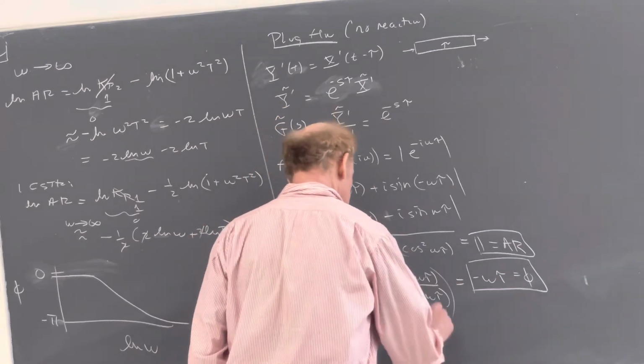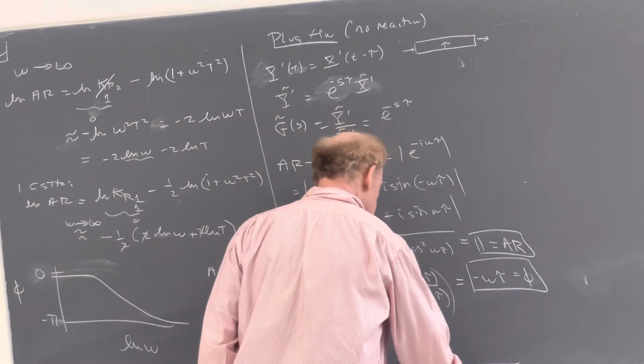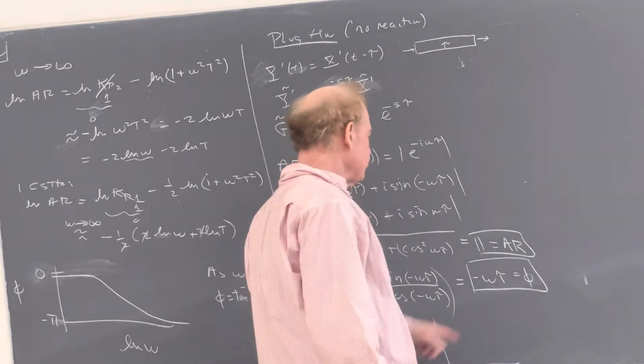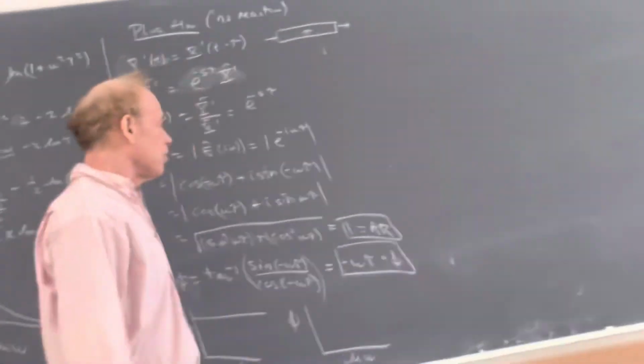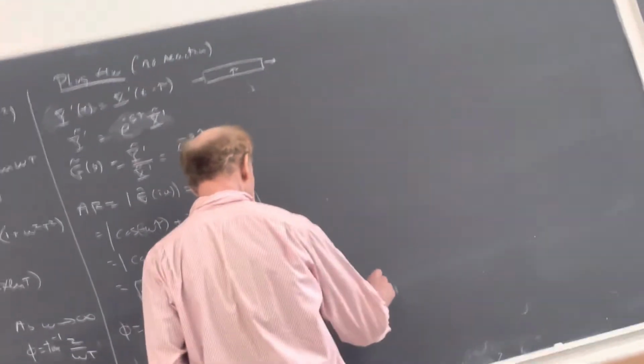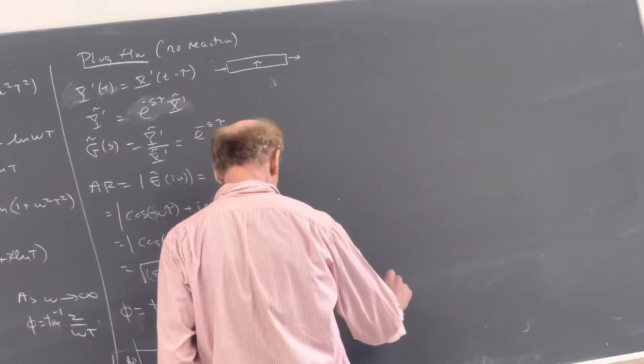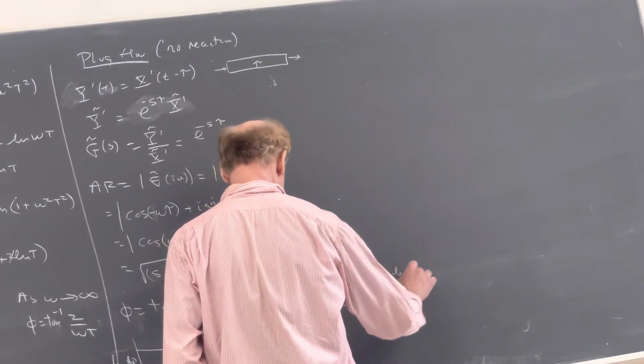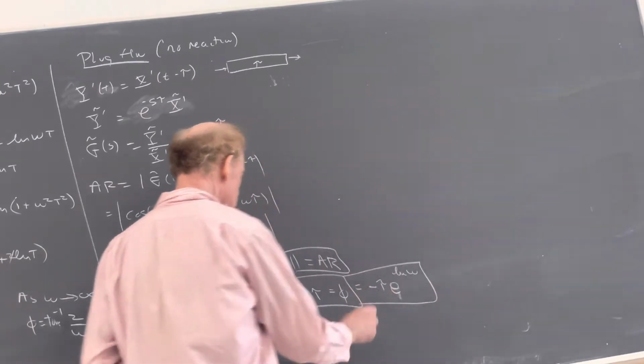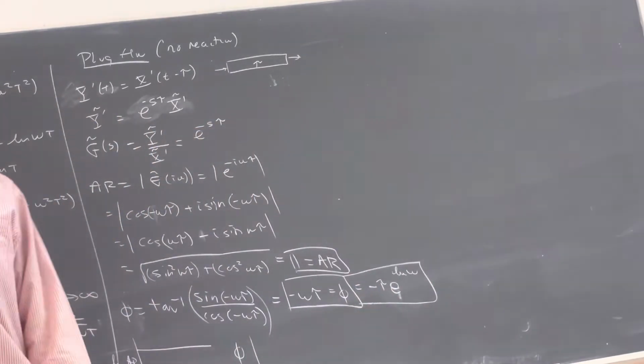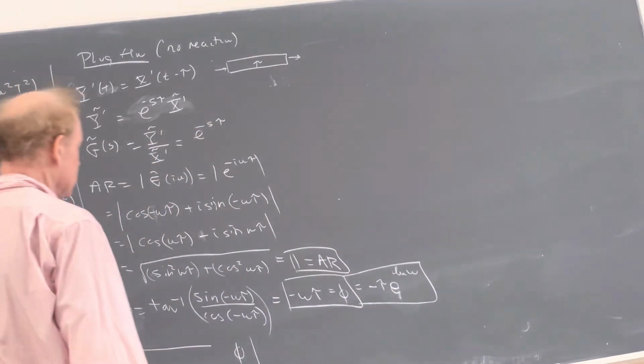Let's look at phi. If I want to plot phi versus log omega, I need to rewrite this. I want to get it in terms of log omega. So this is equal to minus tau e to the log omega, because my variable is log omega, not omega, in this plot.